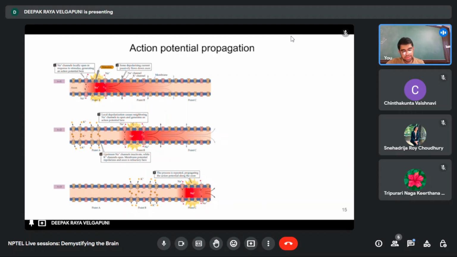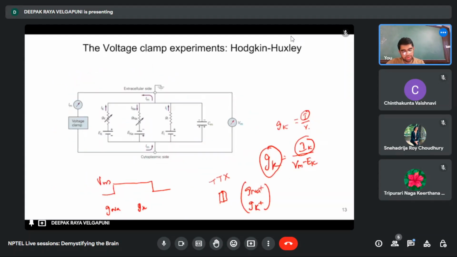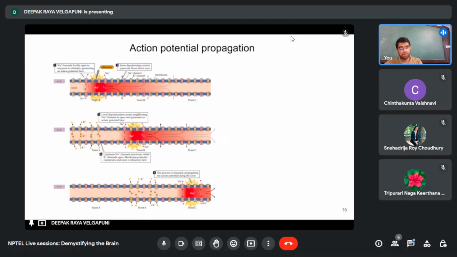We only saw one compartment, this circuit is only one part, like a neuron at one particular point on a dendrite or axon. But you know that a neuron has an axon and dendrites, and there is some kind of signal propagation that has to be performed by the neuron. So how is that performed?